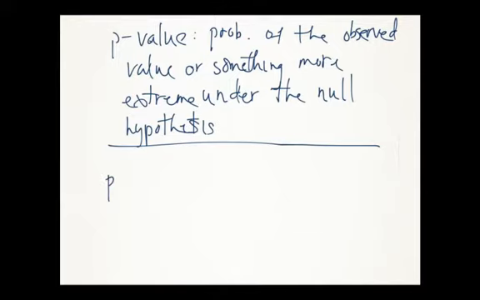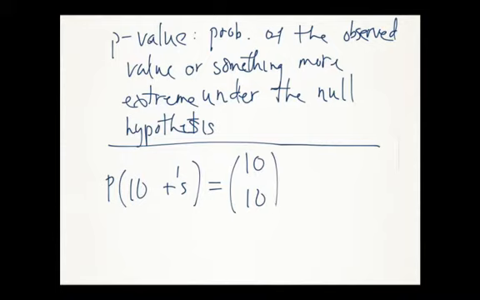So we want the probability of all 10 of our differences being positives. Remember, all 10 of our differences were positives. What's the probability of this? We're using the binomial distribution. So this is 10 choose 10, because all 10 of these were positive signs, and then 0.5, the assumed probability of a positive sign, to the 10th.